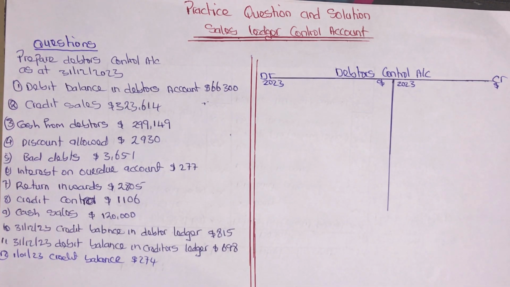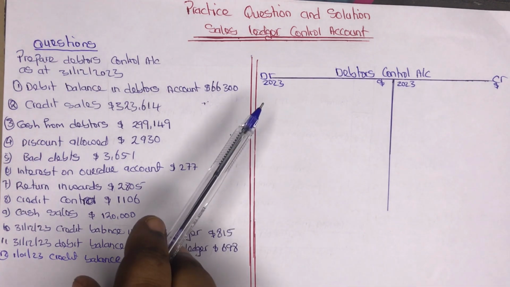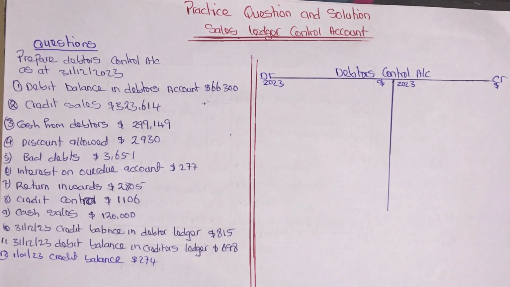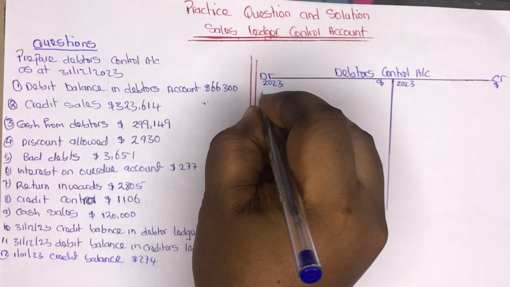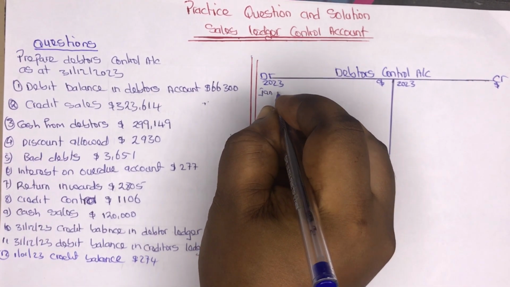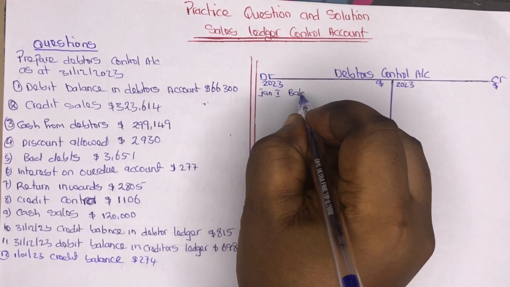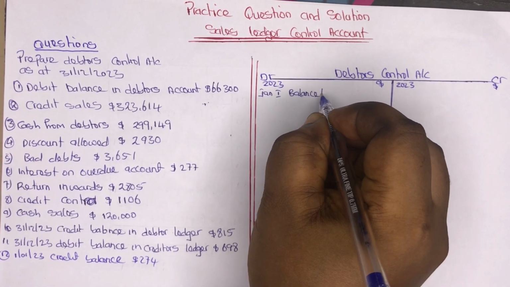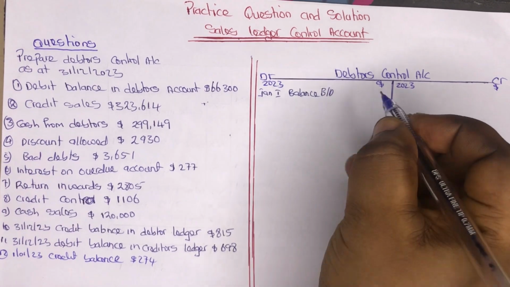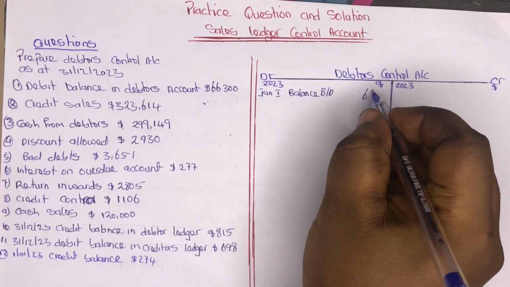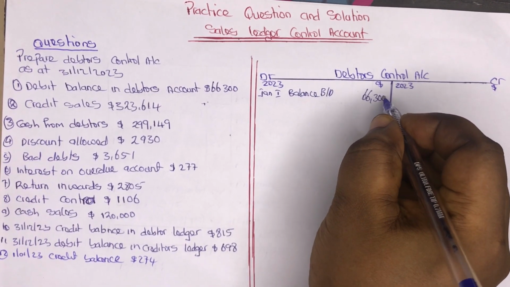Remember the debit balance goes on the debit side. So this one is the opening balance. We write January 1st, balance brought down, amount is 66,300.